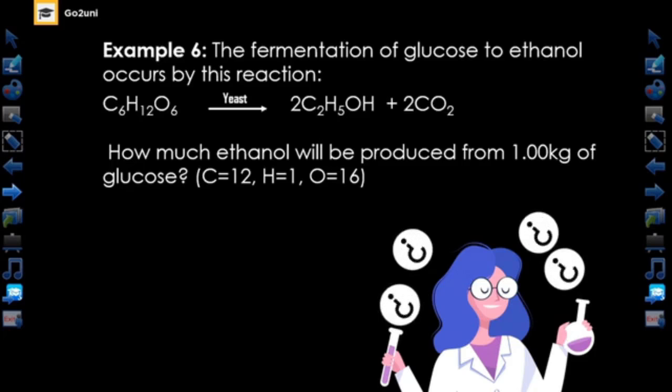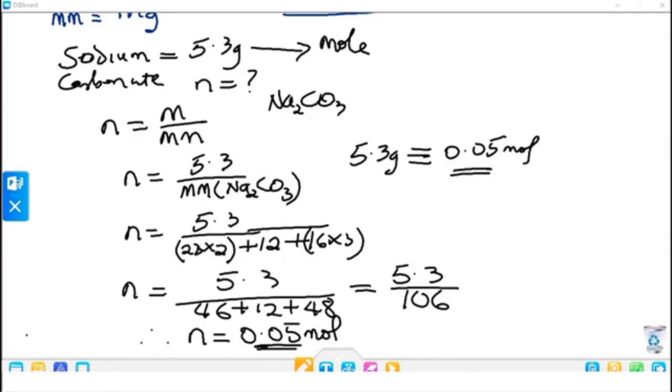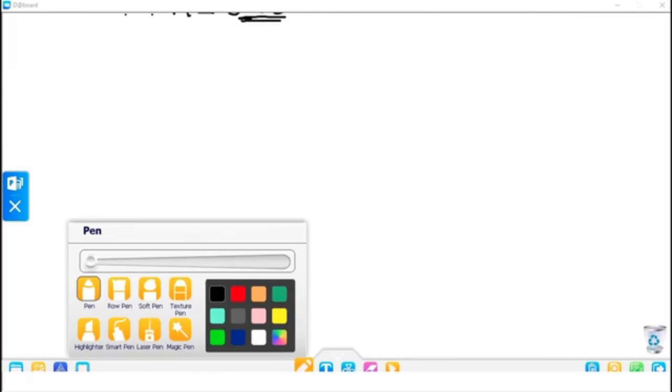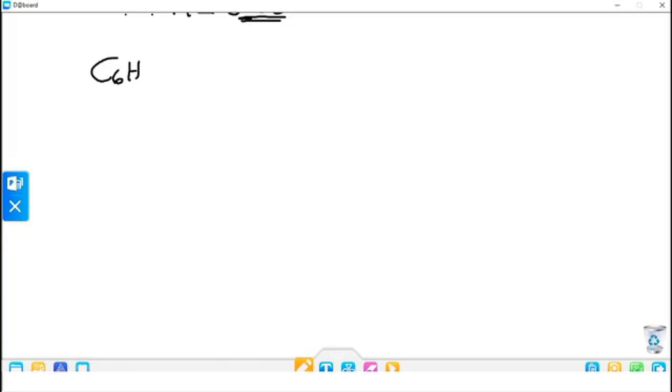So, simply put, let us take a look at our equation. We have our glucose, C6H12O6.